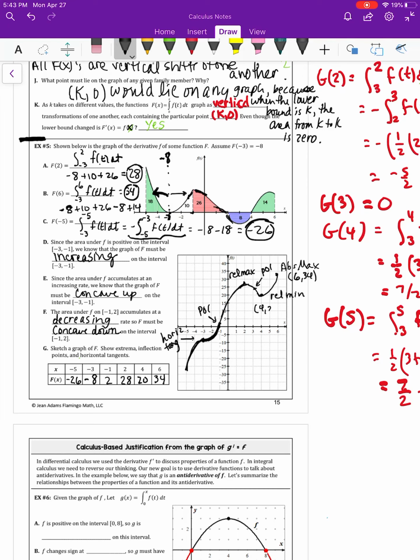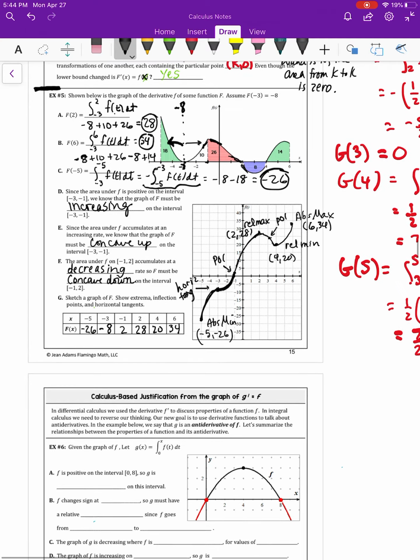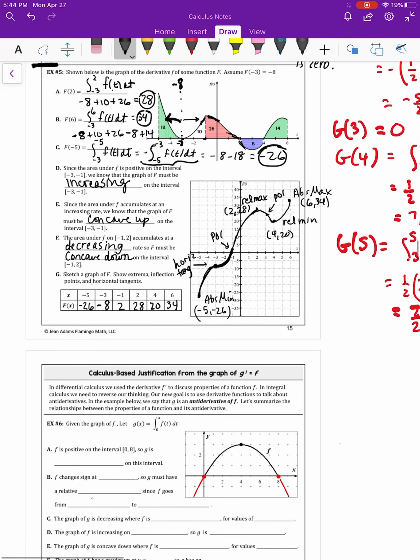My relative min was at the point (4, 20), and my relative max was at the point (2, 28). And this was my absolute min at the point (-5, -26). Okay, so I added those. But I think that's it.